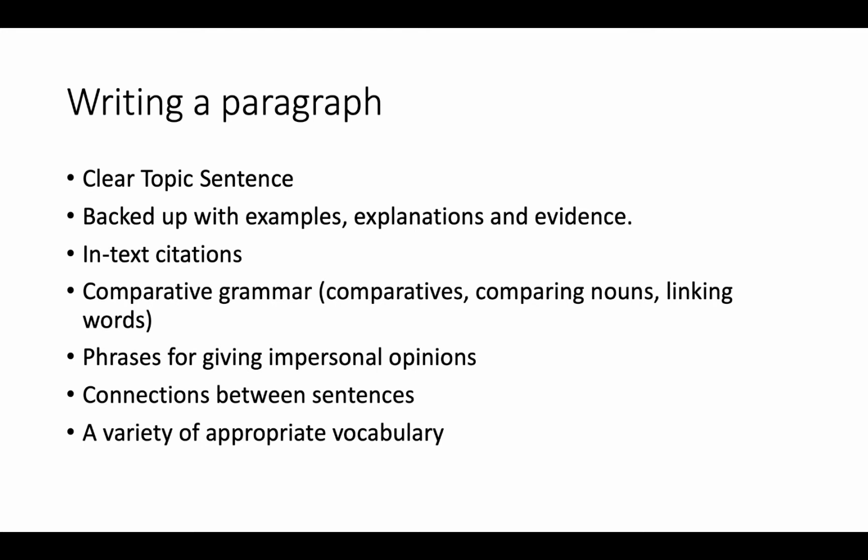So the reader knows from that first sentence the kinds of things they're going to read about. Okay, so your topic sentence should have a topic and a viewpoint about that topic. It should also be backed up with examples, explanations, and evidence.